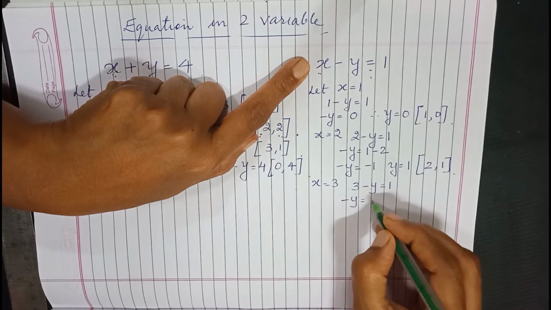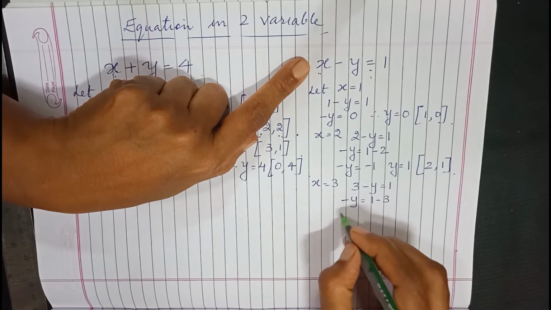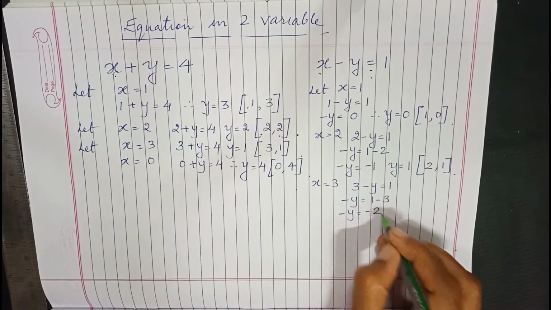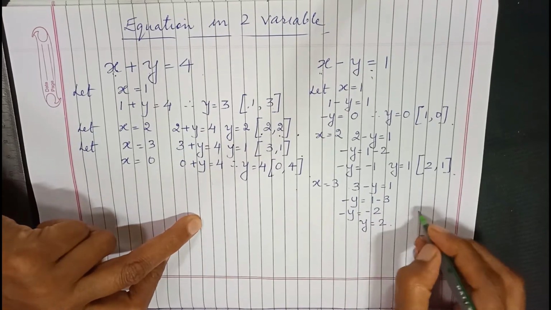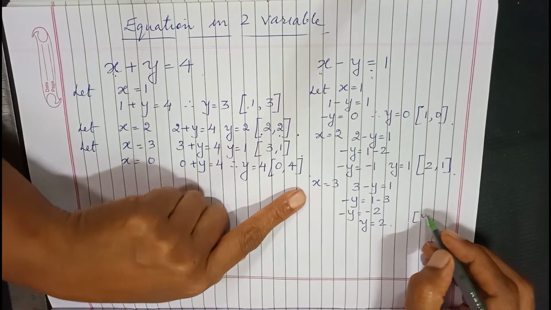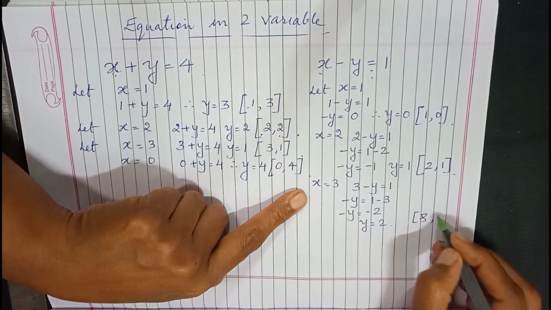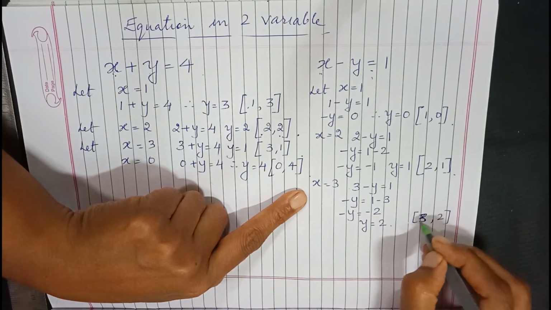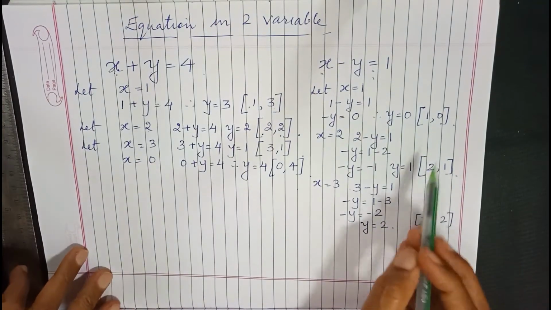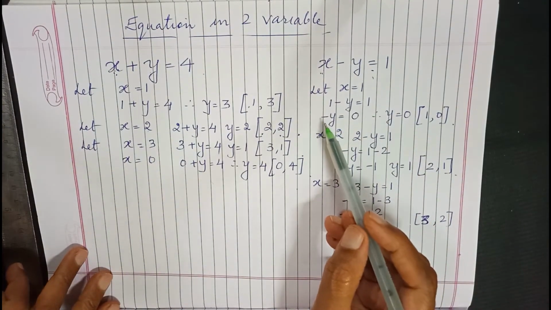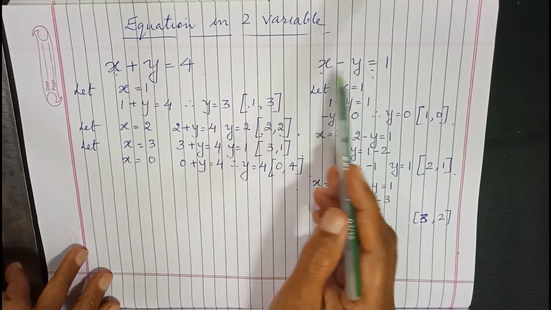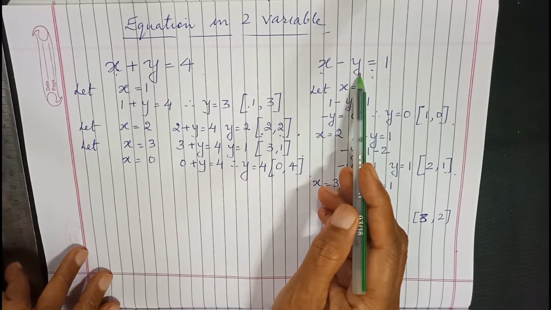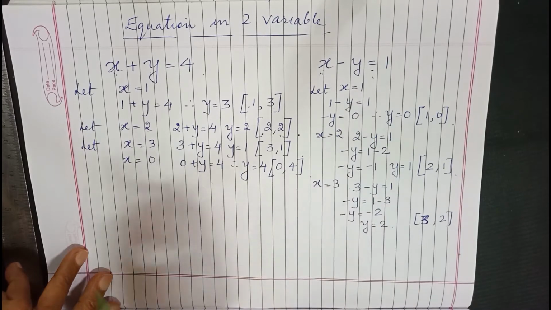So minus y is equal to 1 minus 3, and minus y is equal to minus 2, or in other words y is equal to 2. So I got the answer here as 3 comma 2. So here also you can see I am getting different solutions when I assume some value for the first variable and get the answer for the second variable, right?